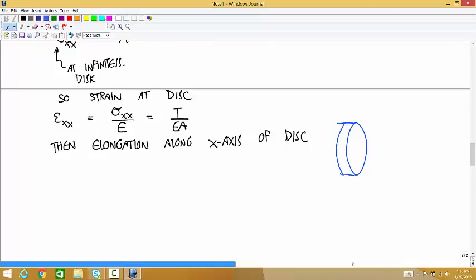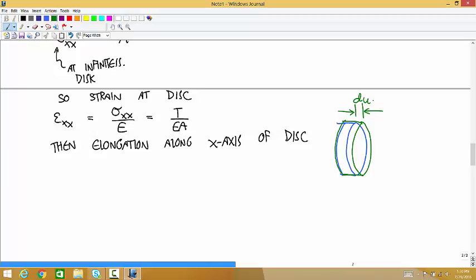After the deformation, this disk has elongated to this. And then this difference in the length in the x direction is what I'm going to call du.